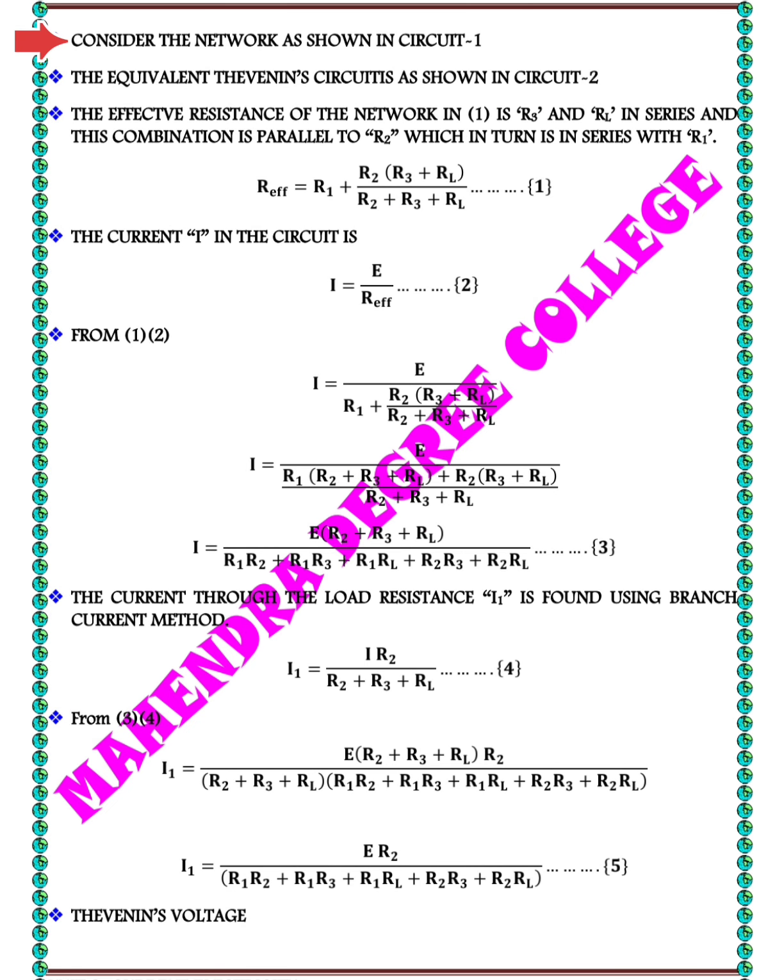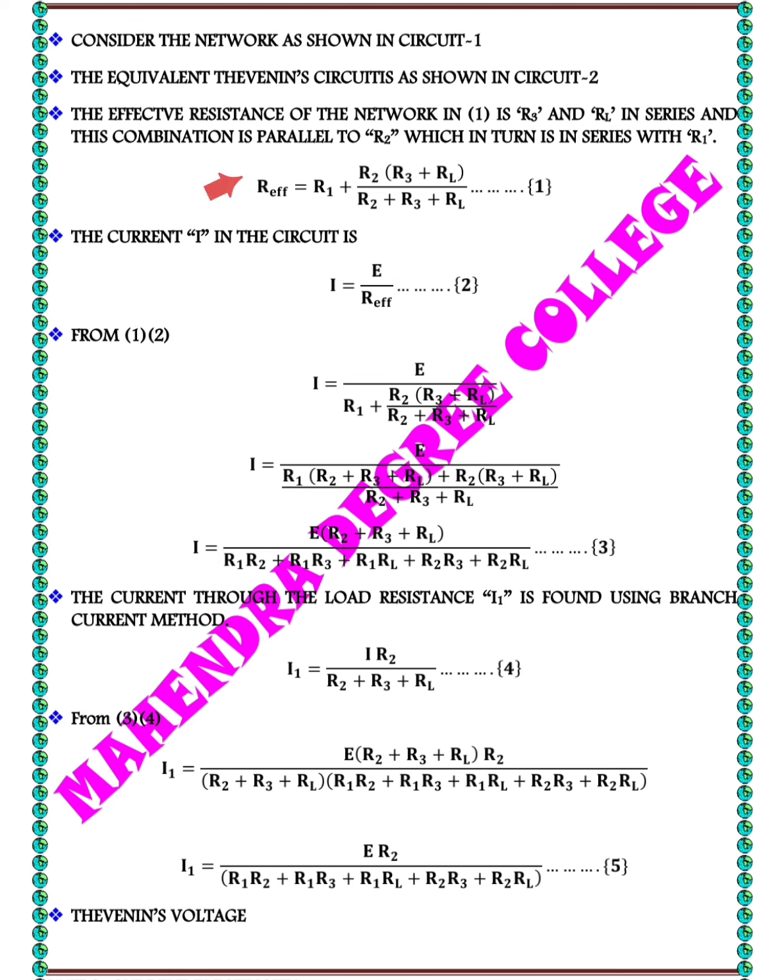Already we discussed, consider the network as shown in circuit 1. The equivalent Thevenin circuit is shown in circuit 2. The effective resistance of the network in circuit 1 is R3 and RL in series, and this combination is in parallel to R2, which in turn is in series with R1.